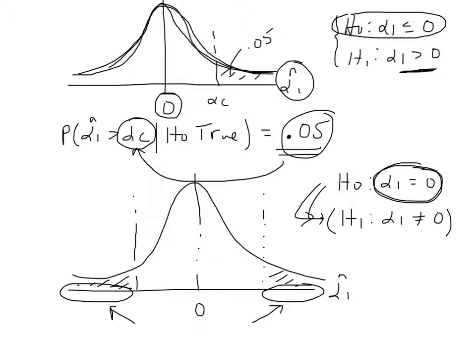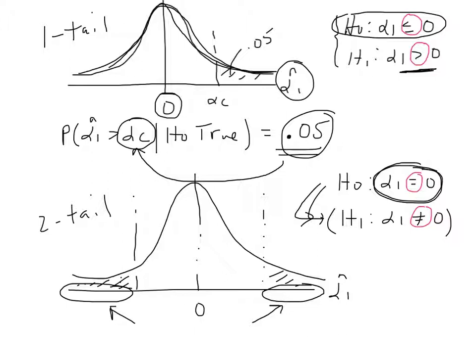Okay? So, not surprisingly, this is called a two-tail test. A one-tail test will be what you are conducting anytime you have an inequality in your hypothesis, that is to say, a greater than or a less than sign. If you have an equals versus not equals kind of situation, you're going to be conducting what we call a two-tail test. And it's two-tail because the rejection region falls in both tails.